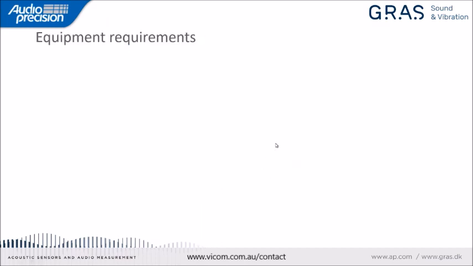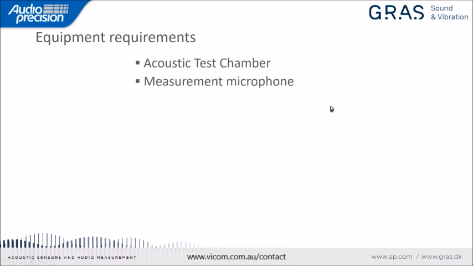All right, so let's talk about the equipment requirements a little bit. First of all, we need an acoustic test chamber or a test box. This isolates the measurement from the ambient noise. It also has a built-in loudspeaker, in some cases a loop to test the telecoil, and it can convey the power to the hearing aid. We also need a measurement microphone. This is very important, of course.